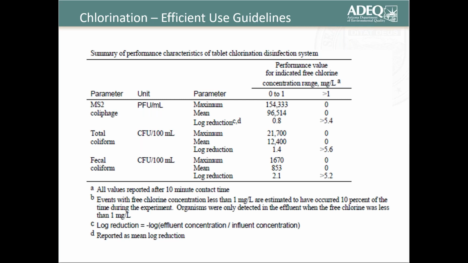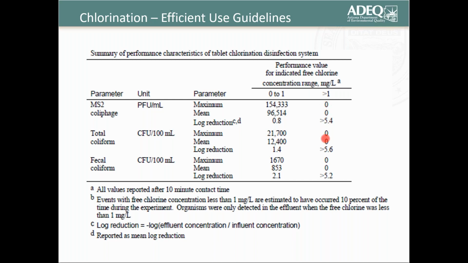Now, I mentioned this study from the University of California at Davis. They have this nice little table, and let's look at this and understand this table a little bit more. Okay, so they looked at 3 different things: MS2 coliphage, total coliform, fecal coliform. And then they looked at when the free chlorine concentration was measured greater than 1 milligram per liter, look what's happened.